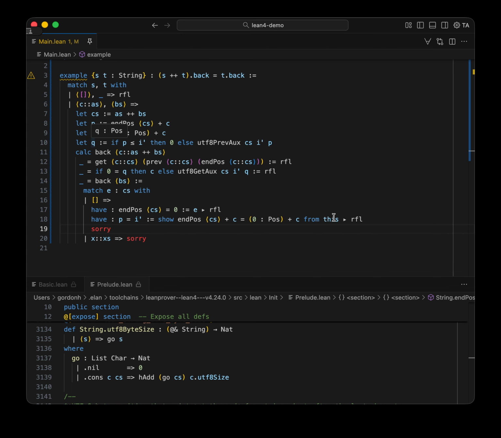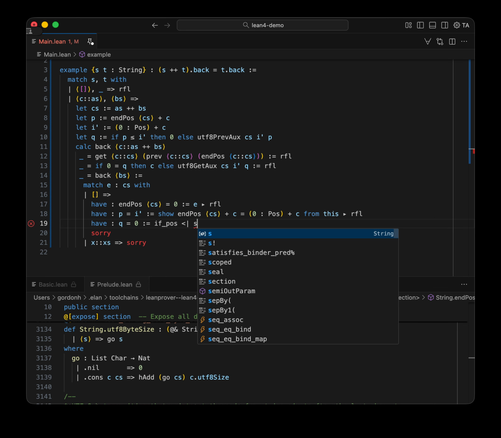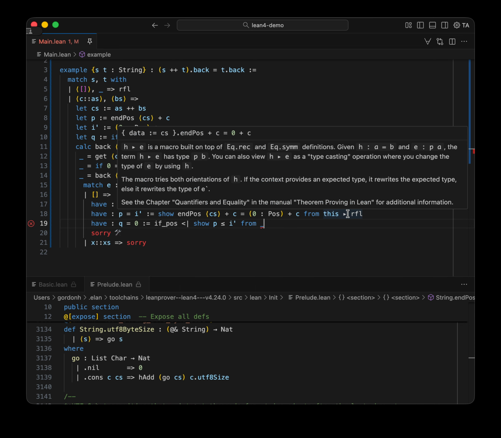Okay. So in this case, we know that Q would be 0. They are equal.